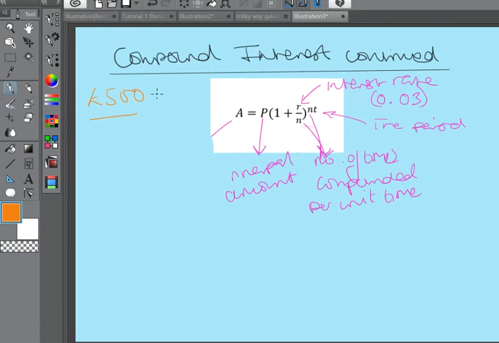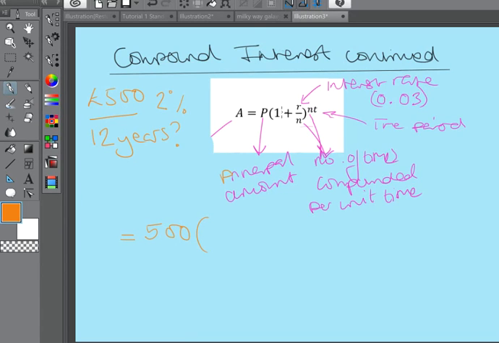I'm going to say 2% interest again, but this time I'm going to leave it there for 12 years. So what is my amount after those 12 years? Okay. So basically we're just going to plug these numbers in. So 500 is our principal amount. So 500 goes there.